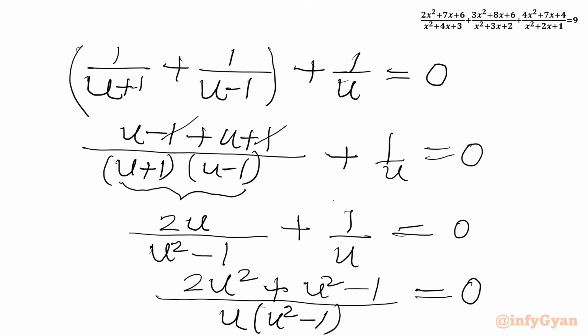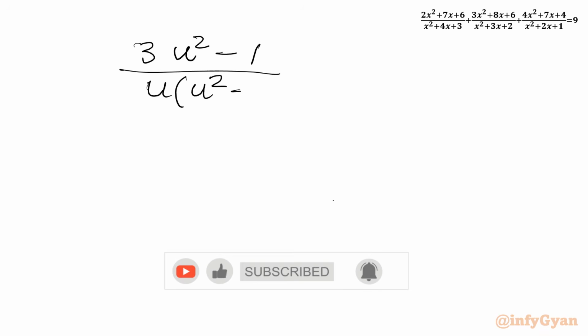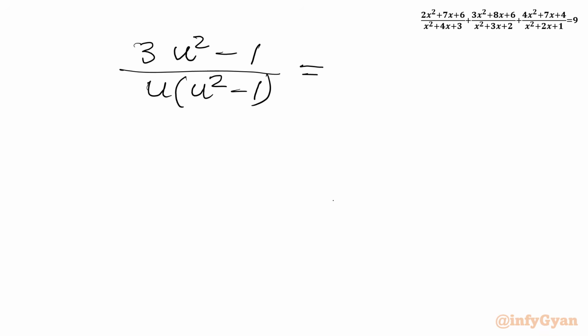So in the numerator 3u square minus 1, in the denominator u times u square minus 1. Let me write 3u square minus 1 over u times u square minus 1 equal to 0. So we can write 3u square minus 1 equal to 0.